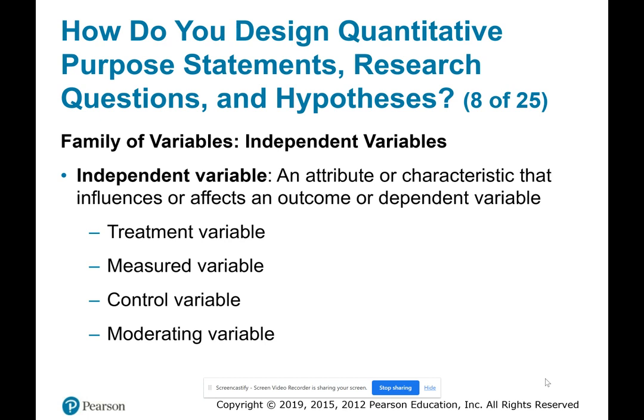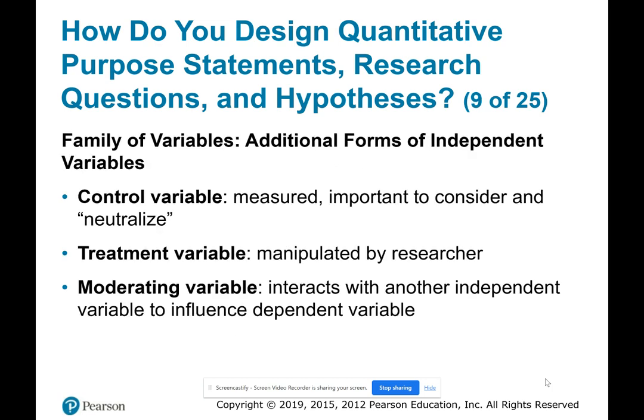A measured variable is a standard independent variable that is measured or observed and consists of a range of continuous or categorical scores. It is used in various types of studies, such as experimental, correlational, and survey research.